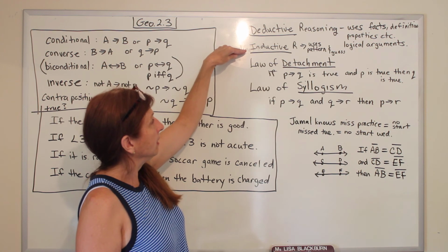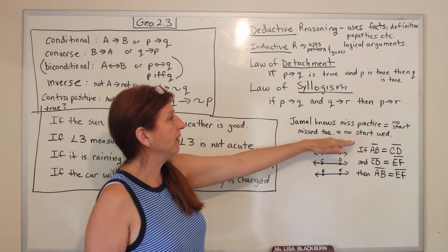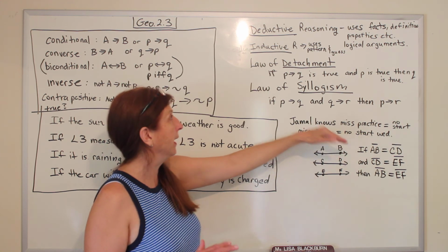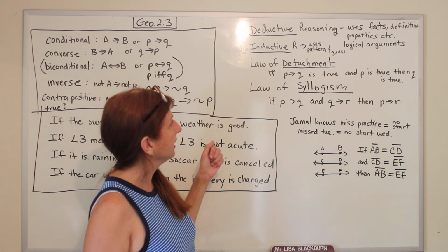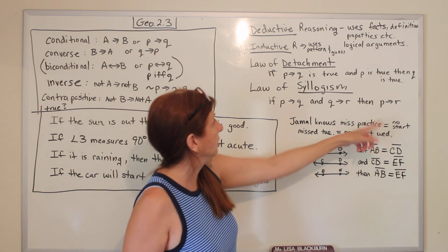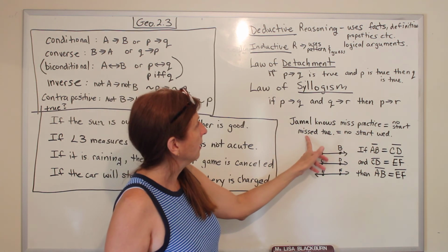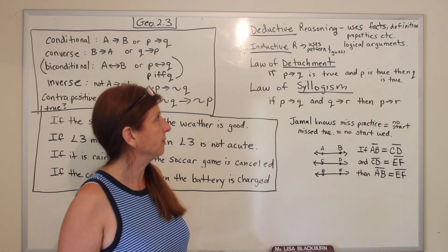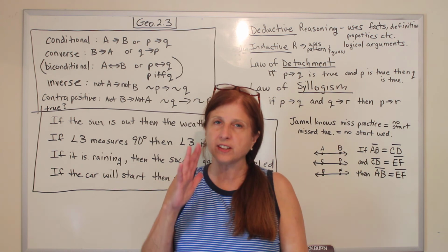It could be inductive reasoning if he's seen the coach doesn't enforce this and he's thinking maybe he gets to play anyway. Then it'd be inductive reasoning. And it's also the law of detachment. P then Q, and P is true, so he knows Q is true. No start Wednesday.